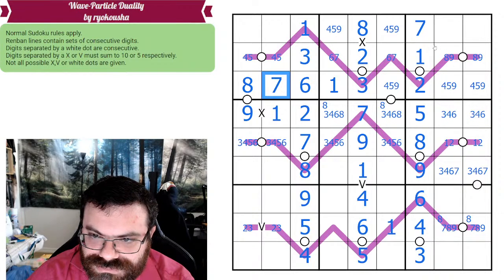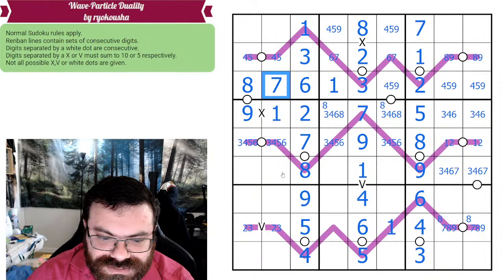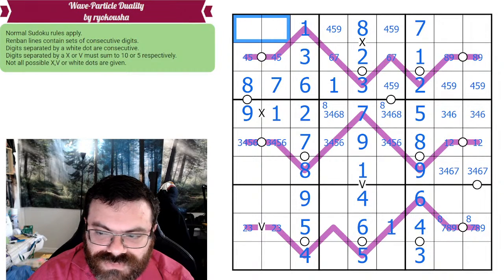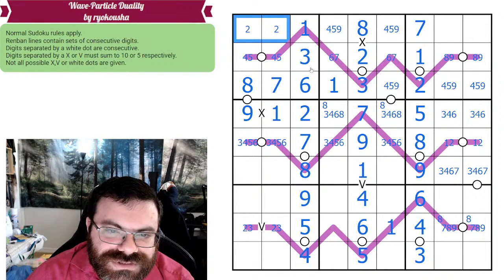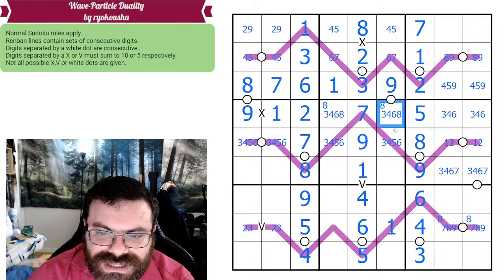What's next? Too many markings. Let's put more in then. That's the solution. 2 and 9. So those can't be 9. The 9 goes here. That makes that an 8. 3, 4, 6.